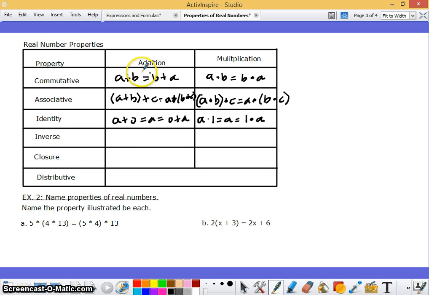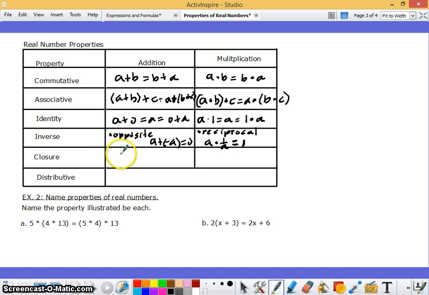Inverse. When you think of the additive inverse, we are talking about its opposite. So that means that when we're dealing with addition, we want it to be 0. So that's a plus negative a equals 0. For multiplication, we want to think reciprocal. So that means a times 1 over a equals 1. So we want to think the reciprocal.